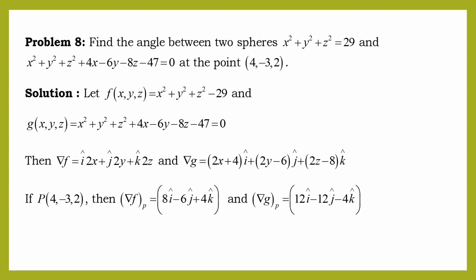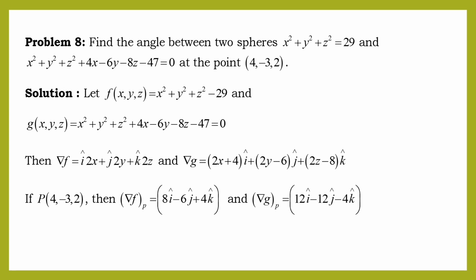In this problem, two spheres are given and a point is given. Finding the angle between two surfaces is equal to finding the angle between normals to the surfaces at the given point.